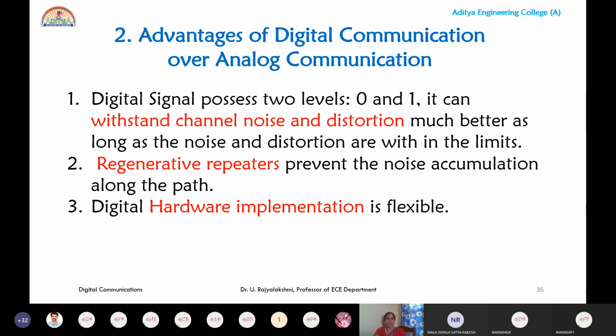This is the first slide, where you have three points regarding the advantages of digital communication. The first point concerns the channel encoder and channel decoder. I think everyone is familiar with these elements now. What is the importance of the channel encoder?